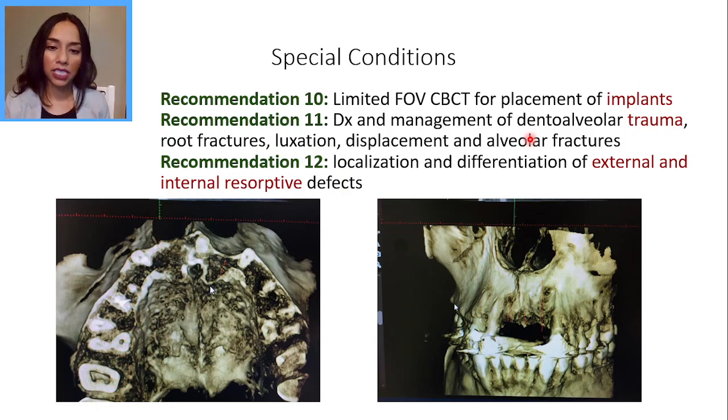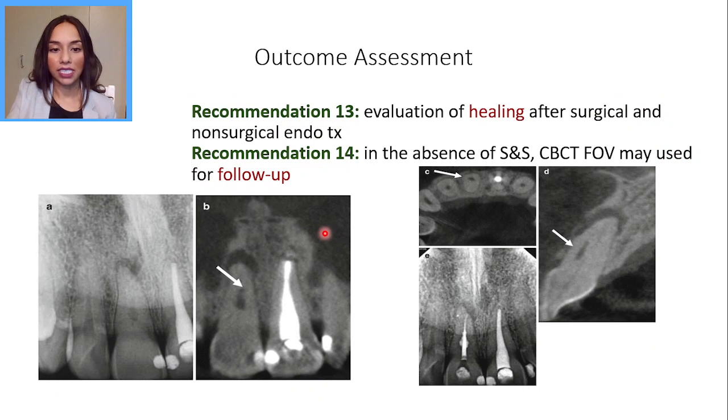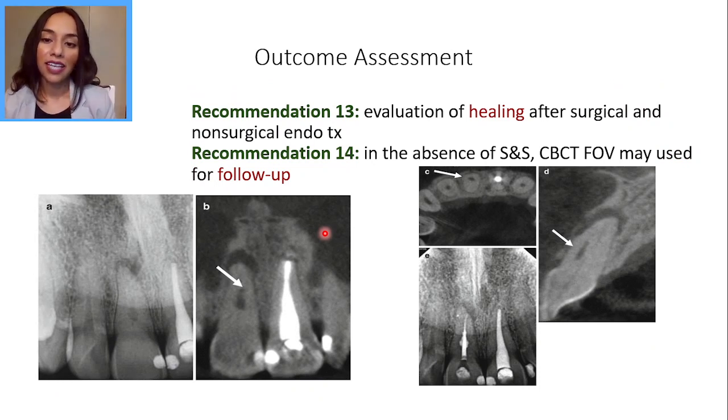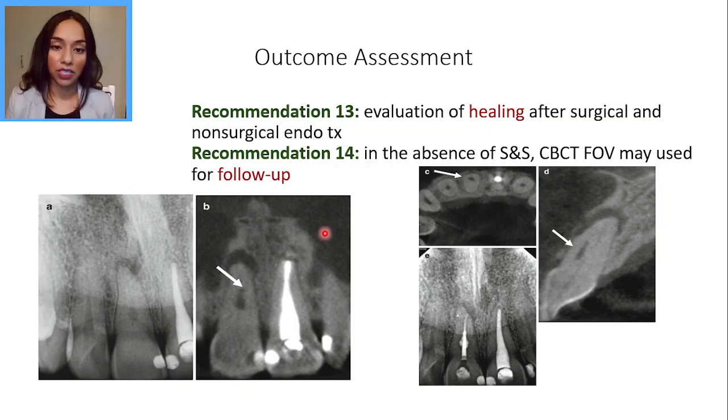And in the 12th recommendation, we see that localization and differentiation of external and internal resorptive defects can be understood using CBCT. All right. How we can assess outcome is by using CBCT to evaluate how the healing has been after surgery and during non-surgical endodontic root treatment as well.